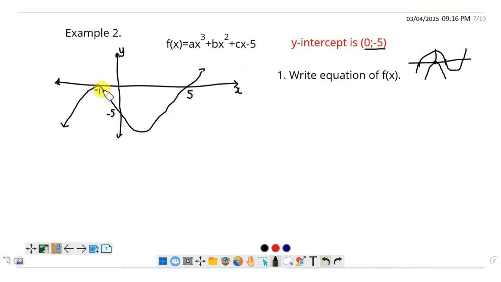So we have the coordinates of the x-intercept and the coordinate of the y-intercept, and we can use the method of intercepts to find the equation.